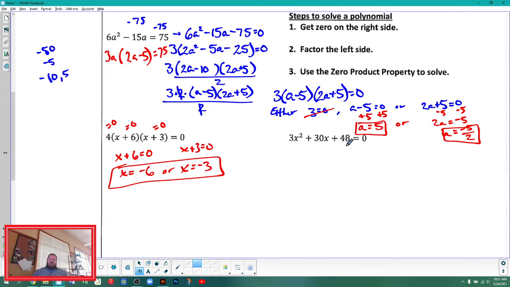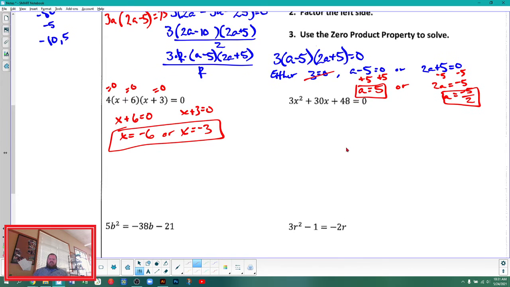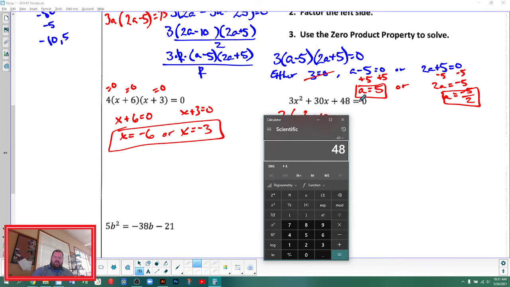Okay. This one I already have everything on the left side and 0 on the right. So now I'll factor. I'm actually going to pull out a common factor of 3 first. It's going to make that x squared plus 10x, and 48 divided by 3, yeah, that does work. We get 16.